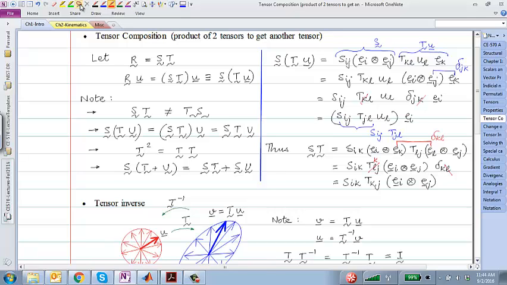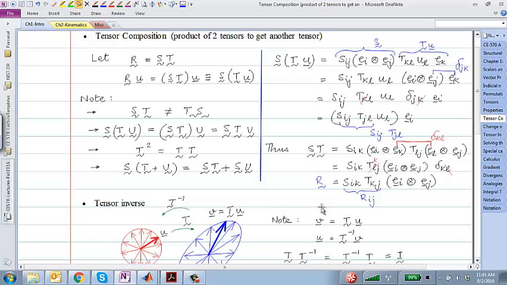Okay, so what I get then is S_ik T_kj, which is all written here on the last line. And once again, this thing out here is R_ij. So what I have then is that the tensor R is written as R_ij e_i dyad e_j.